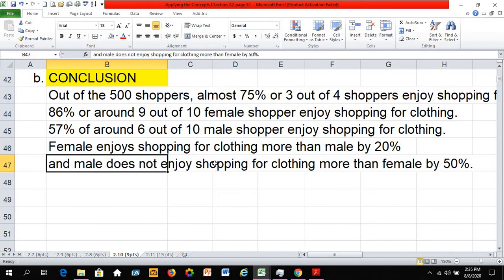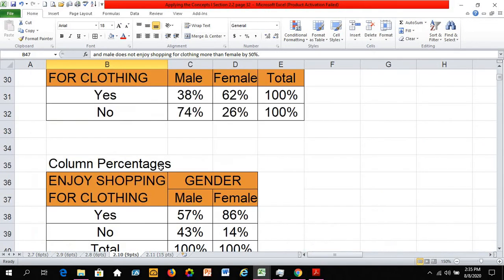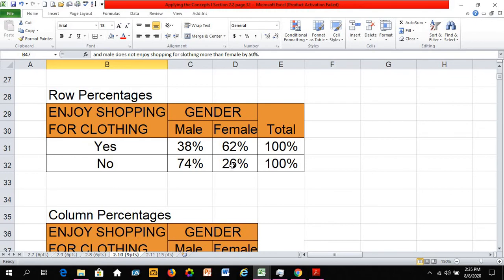Okay, and male does not enjoy shopping for clothing more than female by 50%. So if I go back to my row percentages, the difference of these two is around 50%. It shows that all those who do not enjoy shopping for clothing, it seems that male does not enjoy shopping for clothing more than 50% than female.